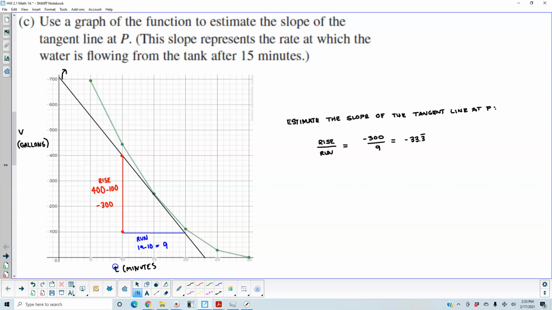We know that this line represented the approximate tangent line, and this was the graph of the function.